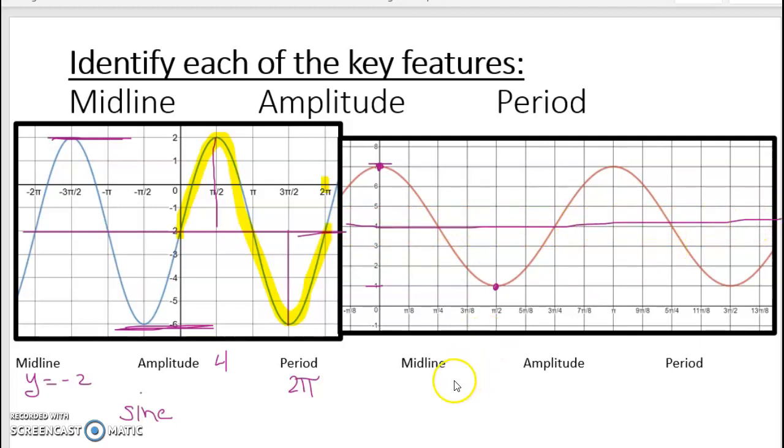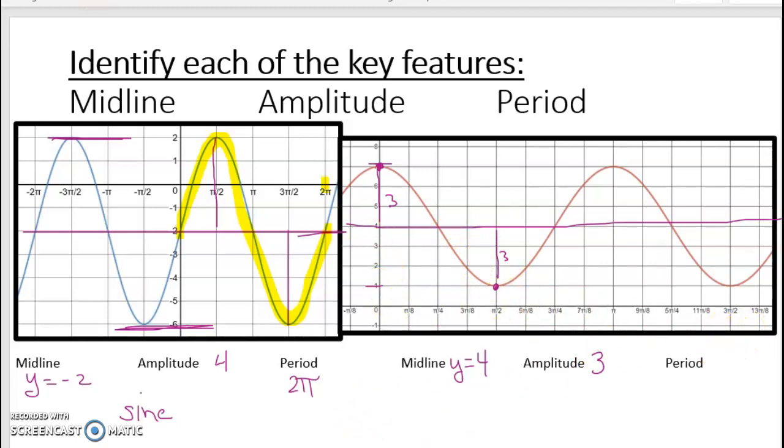That was a little crooked, but okay. So my midline would be at y equals 4. It's halfway between my maximum and my minimum. The distance up, we said, was 3. That's also the distance down. That would be my amplitude. So my amplitude is 3.